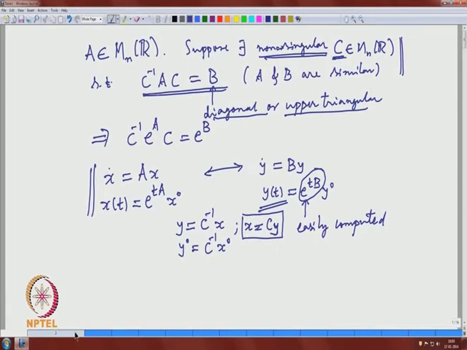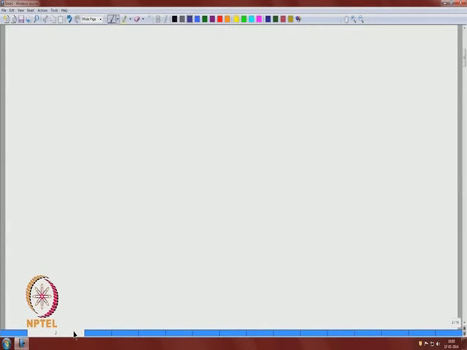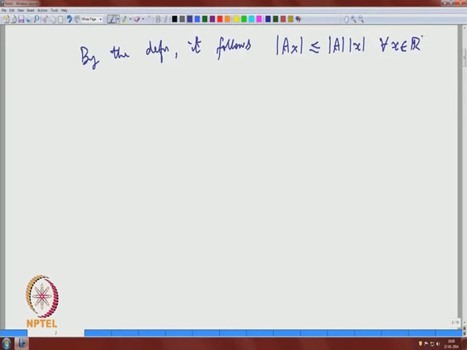Before going to that, let me make a few remarks. By the definition of the norm, it follows that the norm of A x is less than or equal to norm A times norm x for all x in R^n.